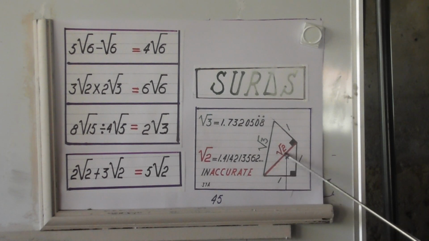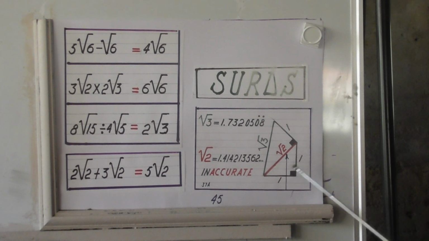So this is the square root of 2. In a drawing, it looks precise, but of course, the thickness of your pen and your pencil and God knows what, it looks accurate, but it is actually not.